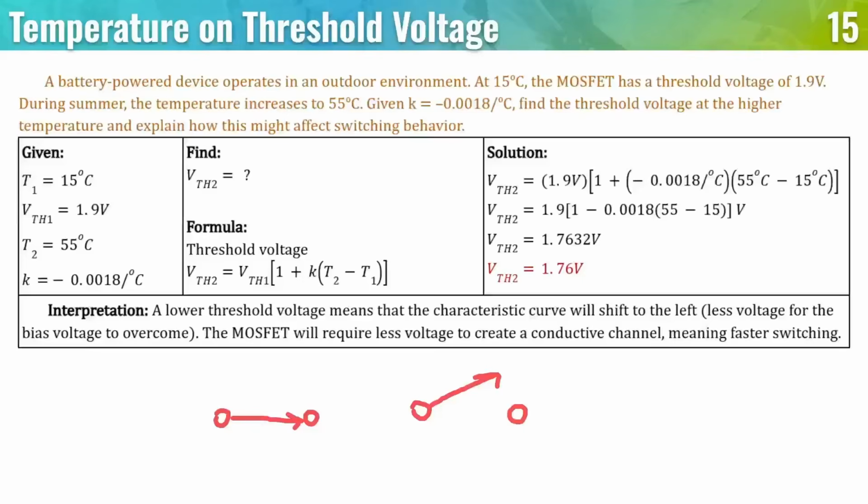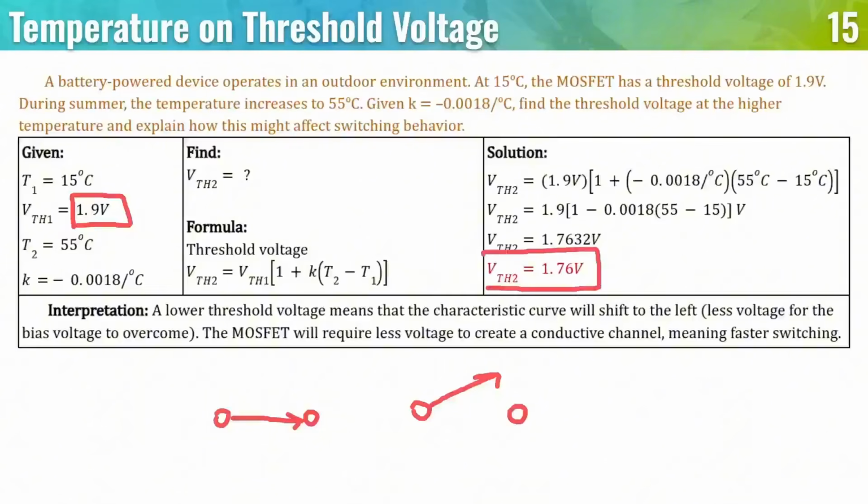So let's read the interpretation. A lower threshold voltage means that the characteristic curve will shift to the left, less voltage for the bias voltage to overcome. The MOSFET will require less voltage to create a conductive channel, meaning faster switching. So as you can see here, it started at 1.9 volts, meaning that you need 1.9 volts to turn the diode on. So remember that the diode is actually off first when the battery is not yet connected. So it needs time to charge up to 1.9 volts.